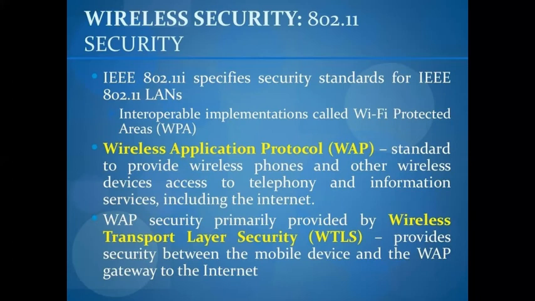IEEE 802.11i specifies the security standard for IEEE 802.11 LAN. Its interoperable implementation is called Wi-Fi Protected Access. The Wireless Application Protocol, WAP, is a standard to allow wireless phones and other wireless devices to access telephony and information services, including the internet.